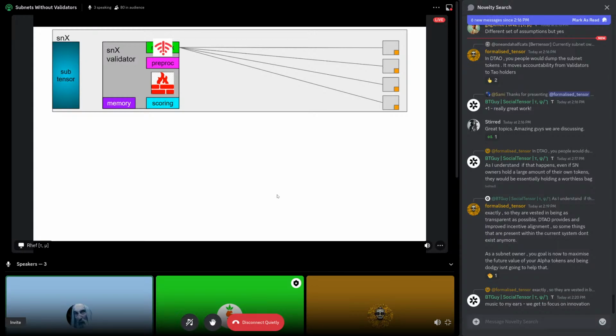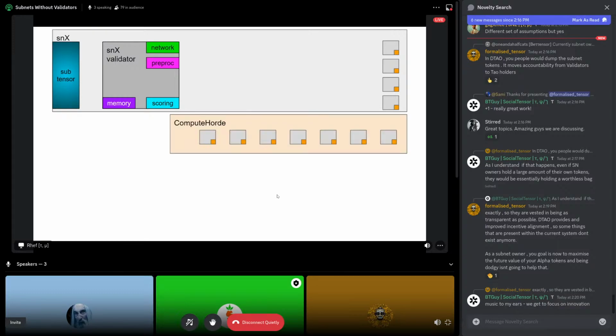There can be maybe not volume of data, but the amount of prompts or images or something can be so high that the validator cannot possibly evaluate all of them fast enough on the single GPU that it has. Now, the plan is to use compute hoard for validation.